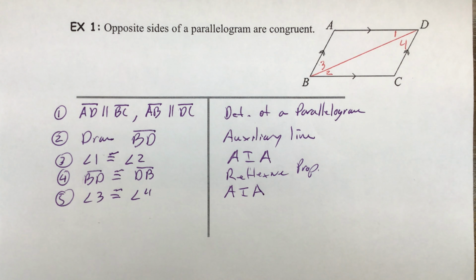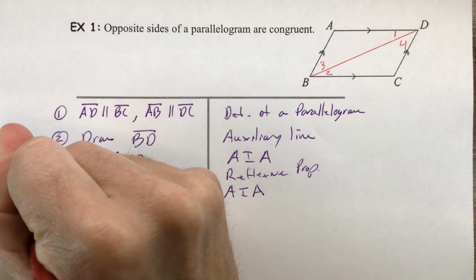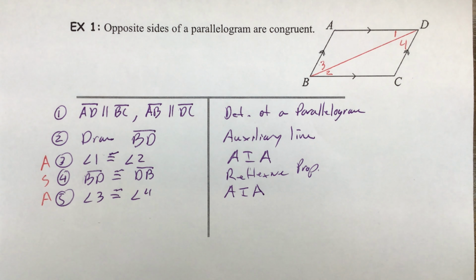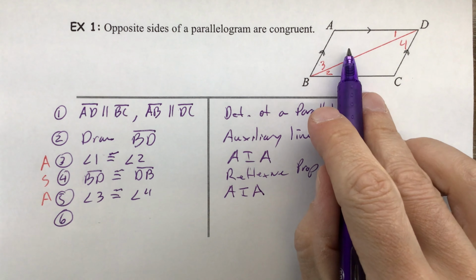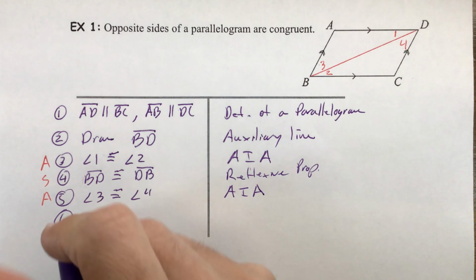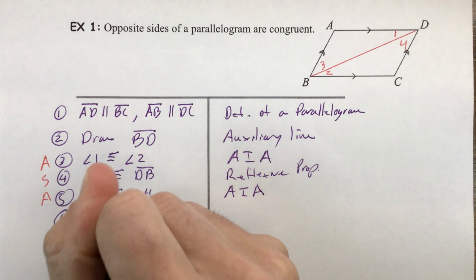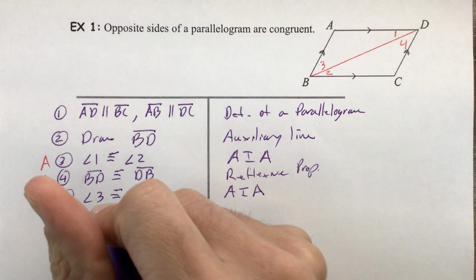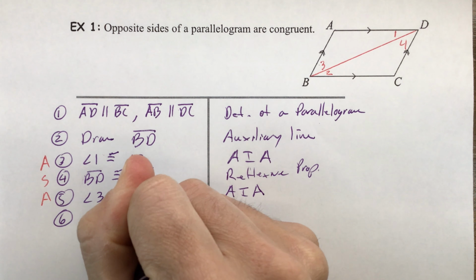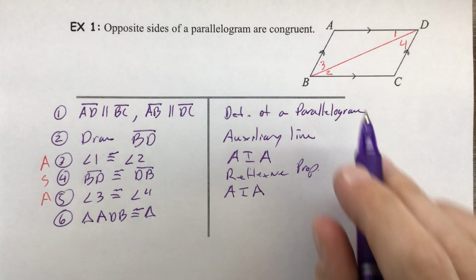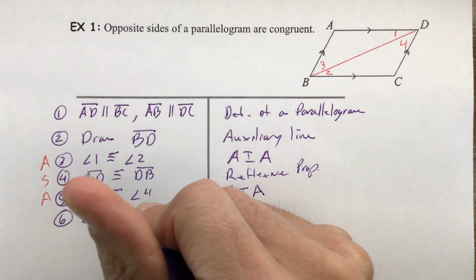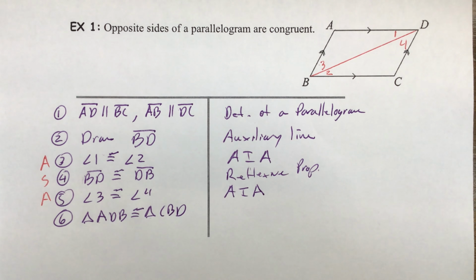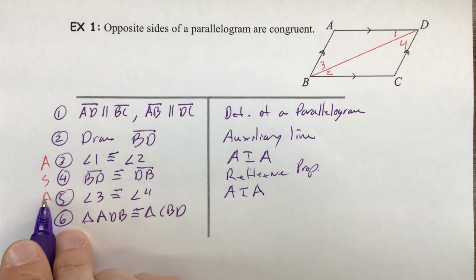Okay, so what I've actually done here is I've created a shortcut, angle side angle, to prove that the top triangle and the bottom triangle are congruent. I have proved that triangle ADB is congruent to CBD. We've proven that those are congruent by ASA.